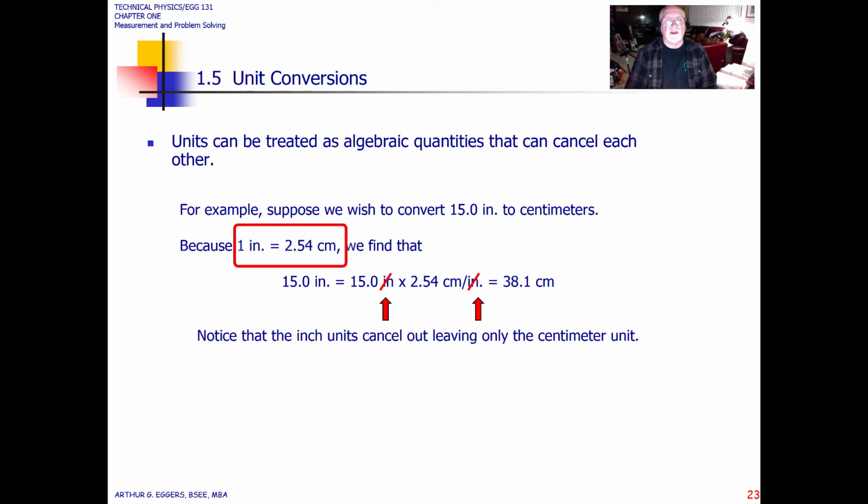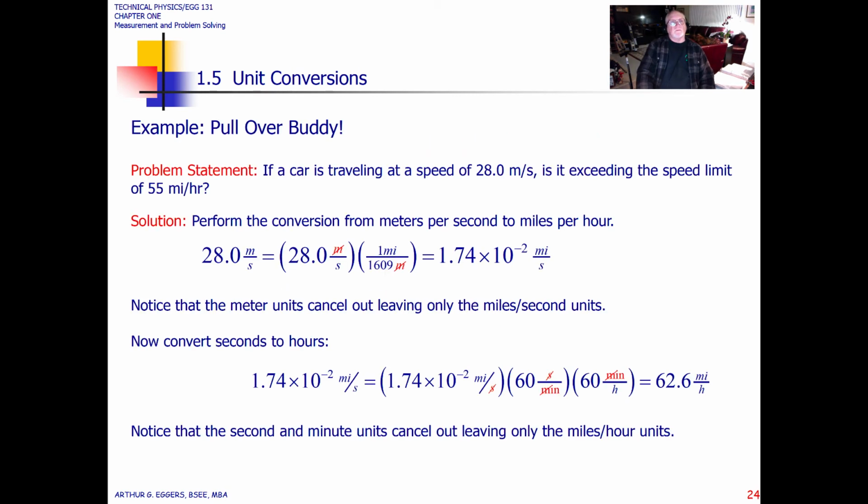You can see that in the first term, the inches, and the second term, 1/inches, cancel each other out, and we're left with 38.1 centimeters. Whenever we set up a problem, we want to make sure that our conversion is set up so the desired unit appears in the numerator. Notice that the inch units cancel out, leaving only the centimeter unit.